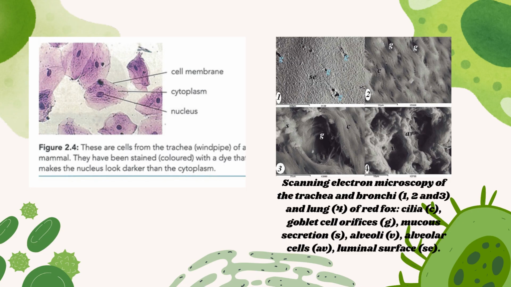You will learn these terms under the respiratory system, but now you have to see the difference between the light microscope and the electron microscope. In your syllabus, you have to study the light microscope, but I explain the electron microscope because it would help your future, especially if you plan to follow A-level biology.